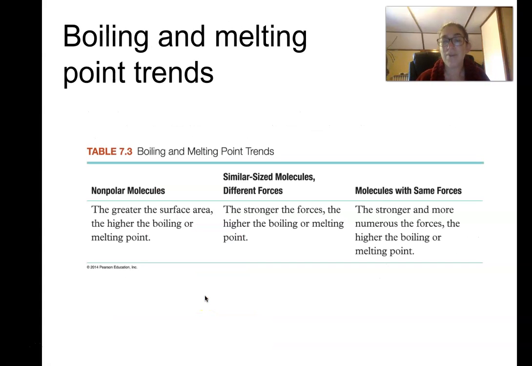So the rules to follow here, if you're given two molecules and you're asked which one has a higher boiling point: if you're given two nonpolar molecules, then it's going to be whichever one is larger and straighter. Whichever one is larger and straighter has more London forces and will have the higher boiling point.